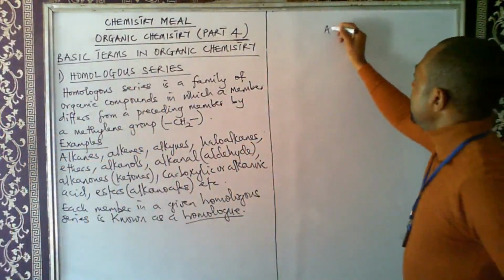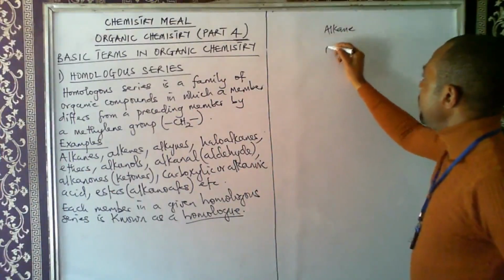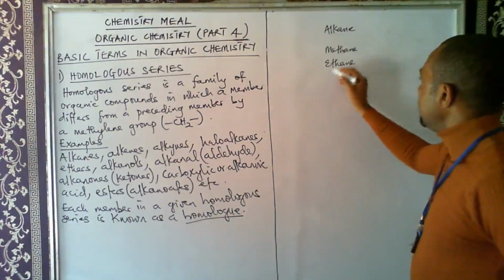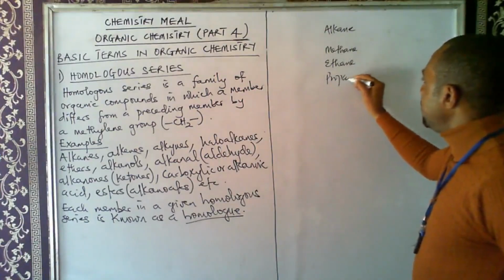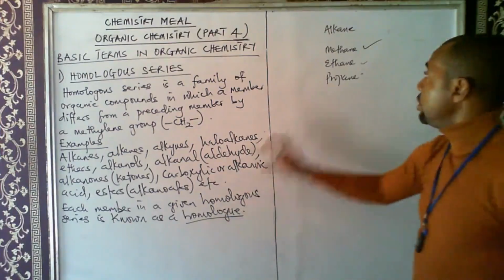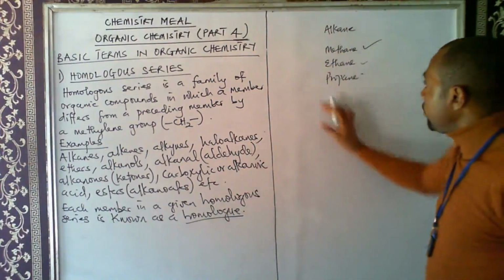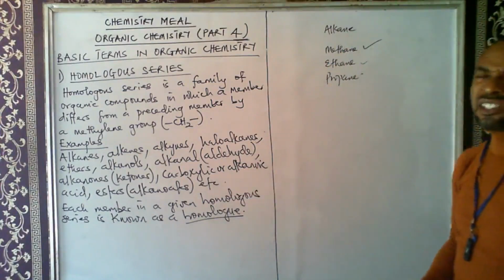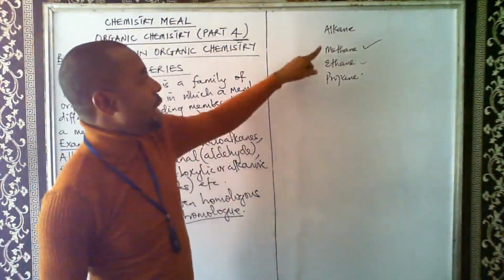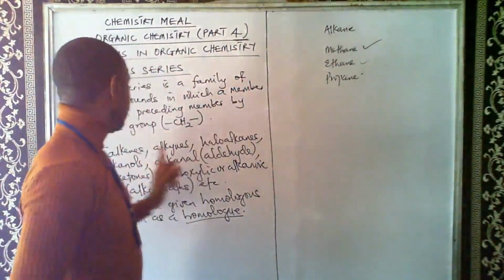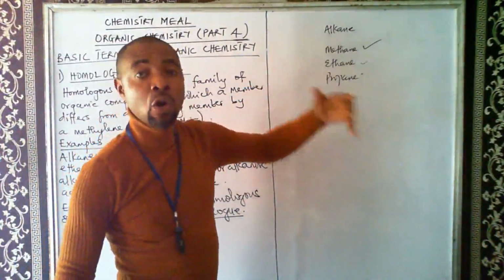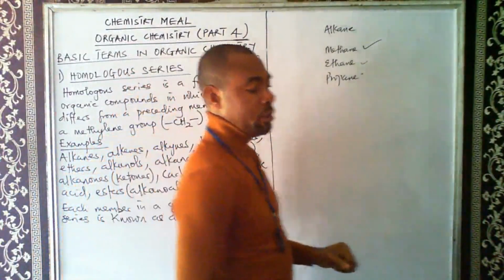For example, in the homologous series alkane, the first member is methane, the next member is ethane, and the next one is propane, and so on. Each of them we refer to as a homologue. But all of them together give us the word homologous series. So the combination of these homologues gives us the homologous series. Remember, alkane is an example of a homologous series, and each member in alkane is a homologue.